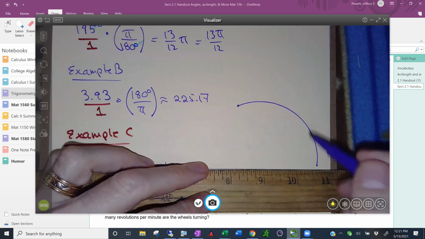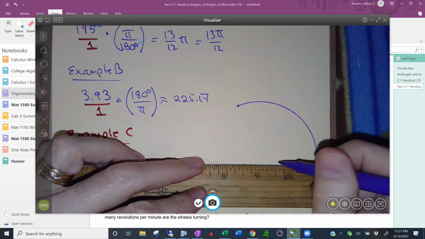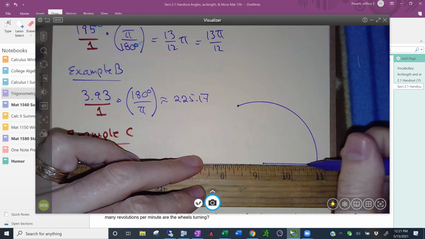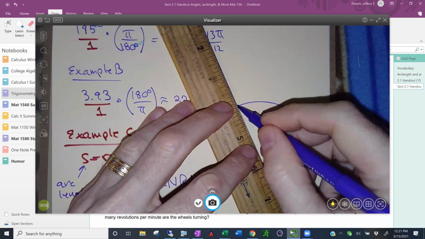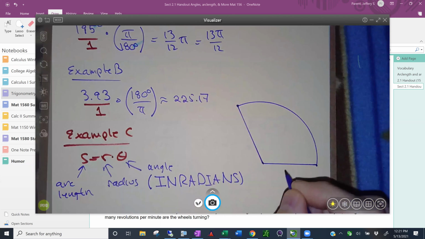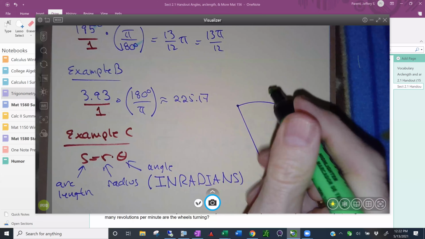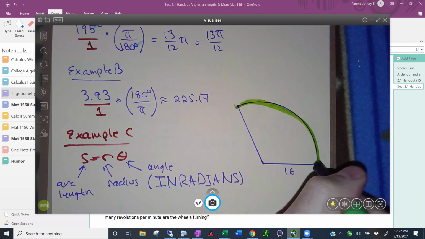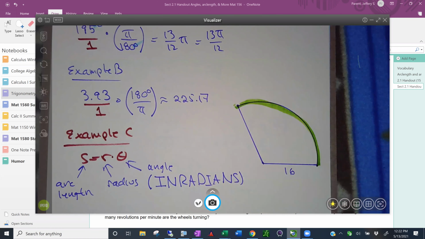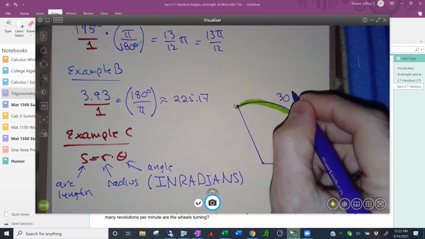So you got a length of arc, which is 30 feet, and a radius, which is 16 feet. So 16 feet here, and intersects an angle such that the length of arc here is 30 feet. So that's a picture of what's going on.